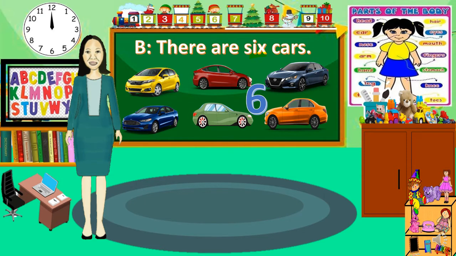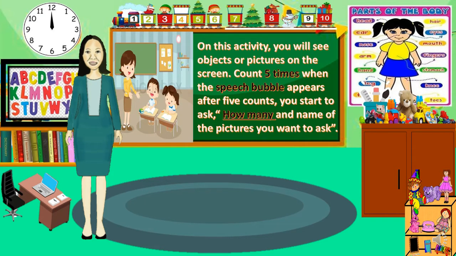Okay, we have another activity here. In this activity, you will see objects or pictures on the screen. Count 5 times, like 1, 2, 3, 4, 5. When the speech bubble appears after 5 counts, you start to ask, how many?